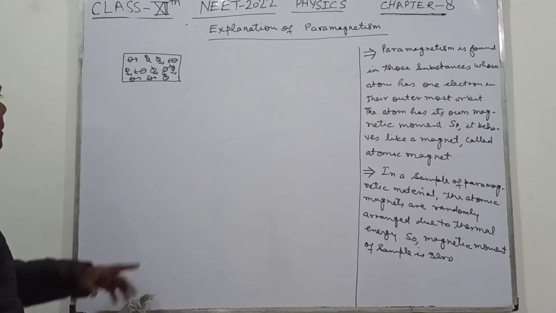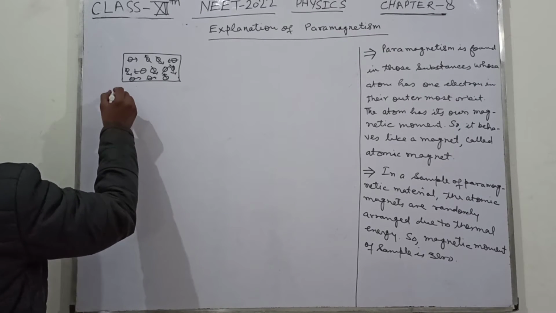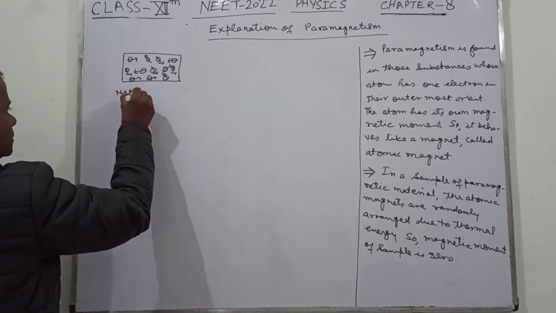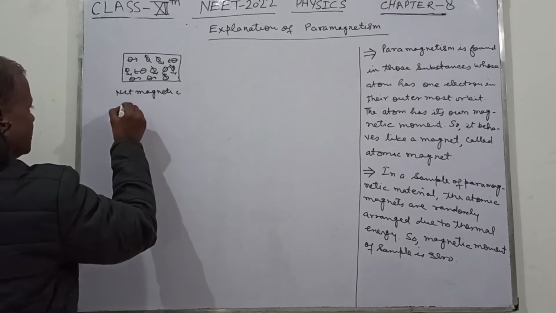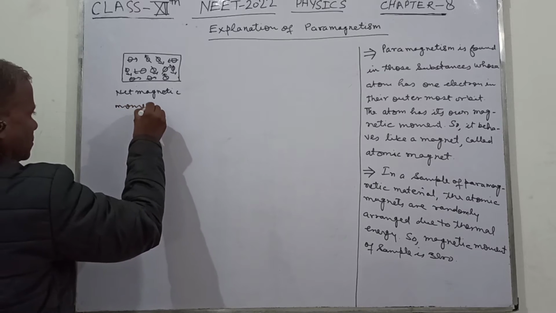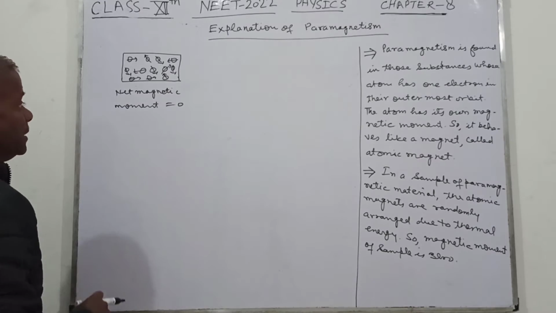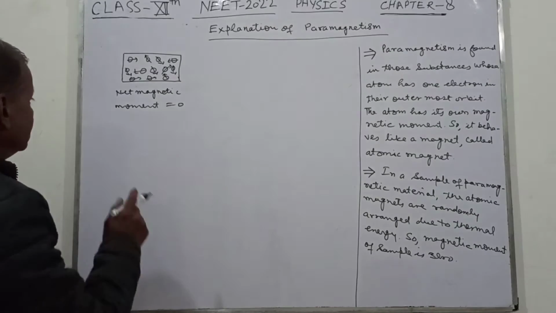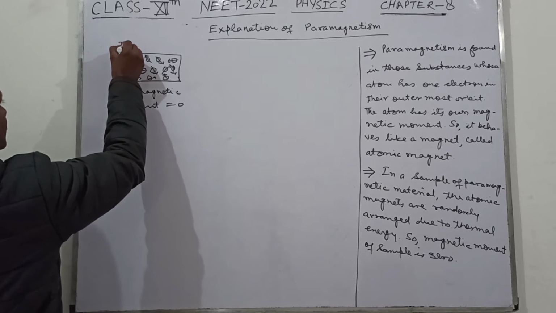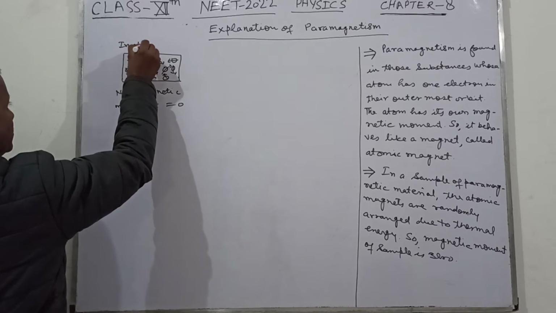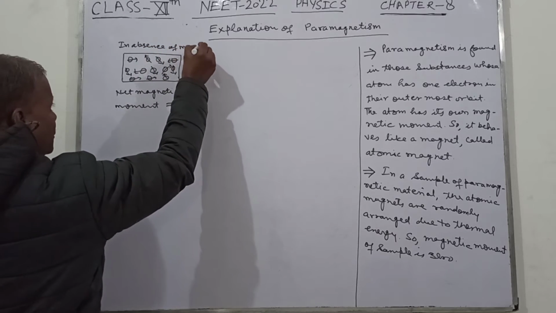They are randomly arranged, so the net magnetic moment is equal to 0. So this is when the magnetic field is not applied, in absence of magnetic field.